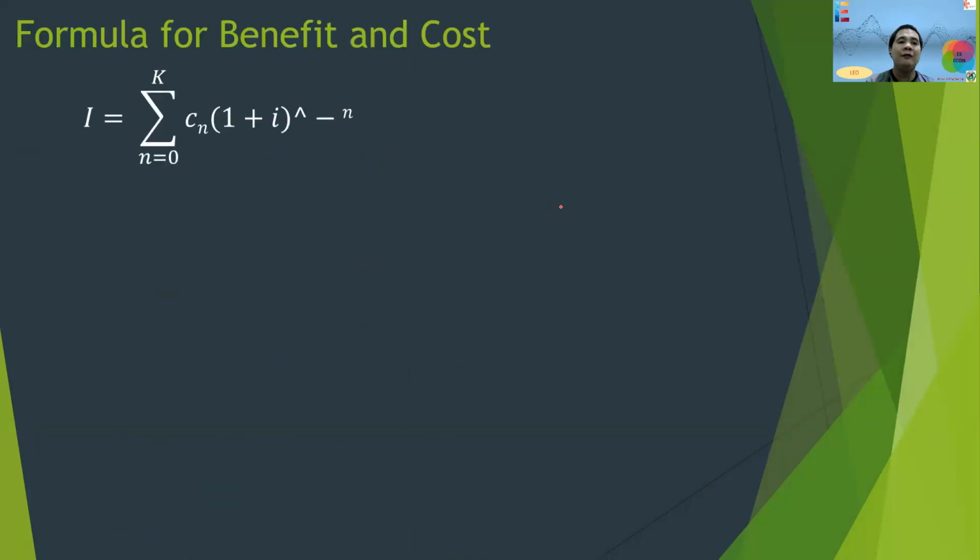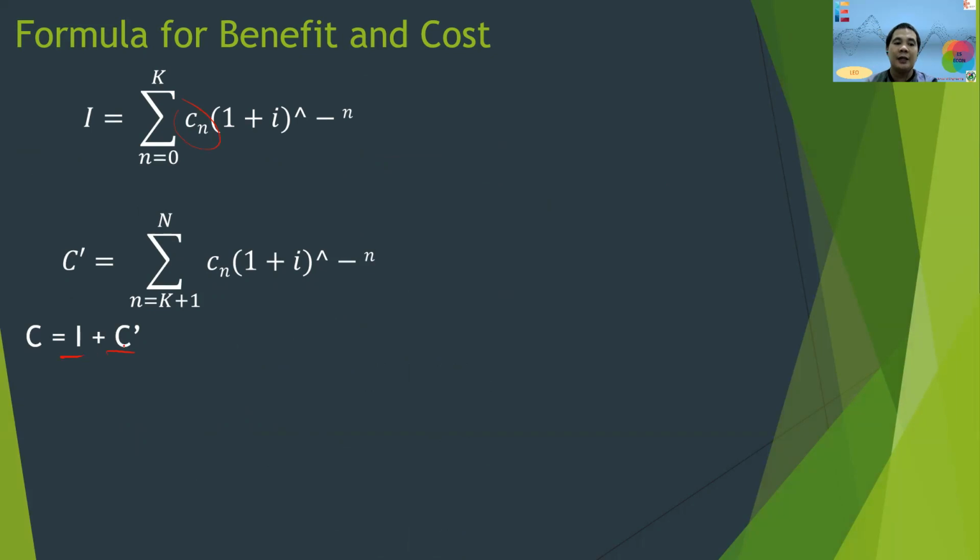So the formula for the benefit cost ratio. Number one, you need to get your I. I is associated with the cost. Number two, the C hat. C hat refers to the cost from period K plus 1, wherein your C is equal to I plus C hat. I is your capital investment or the non-recurring cost.